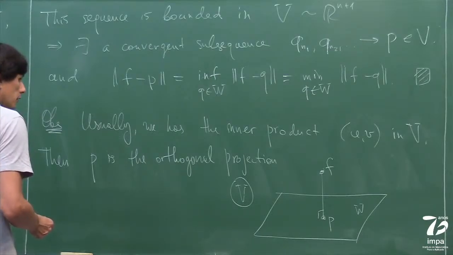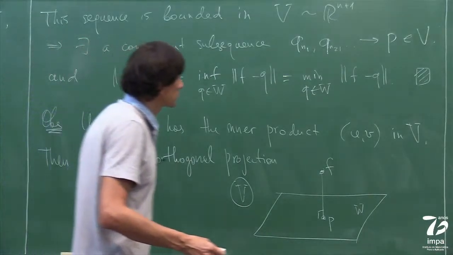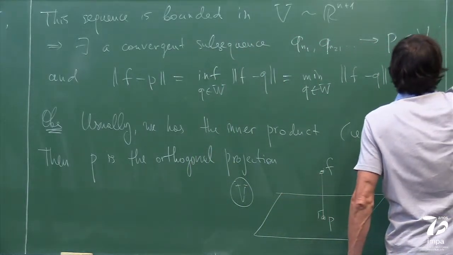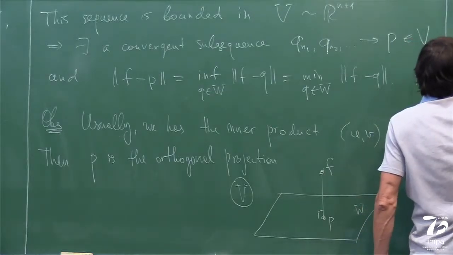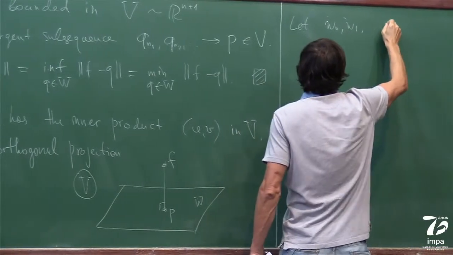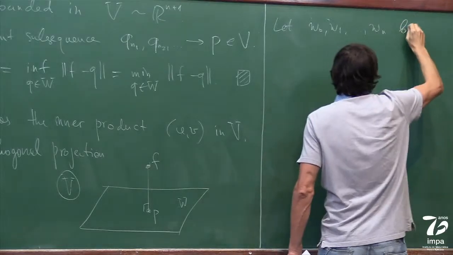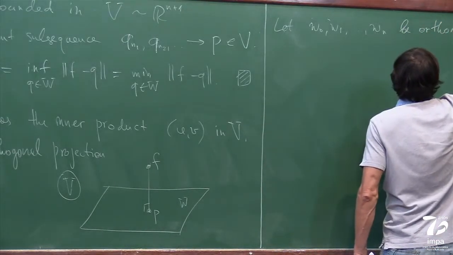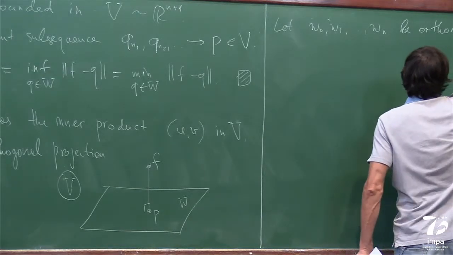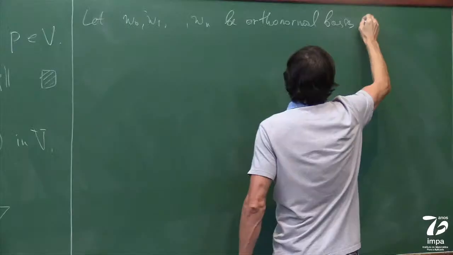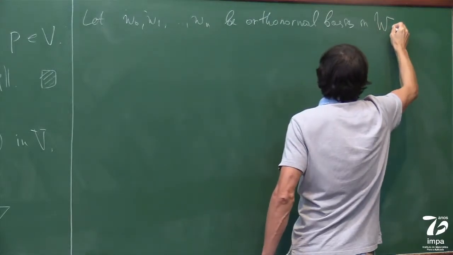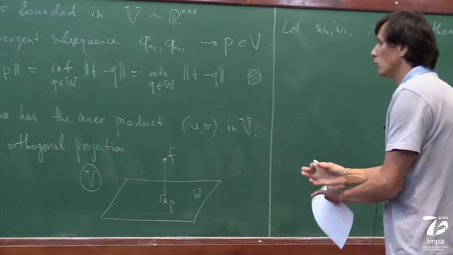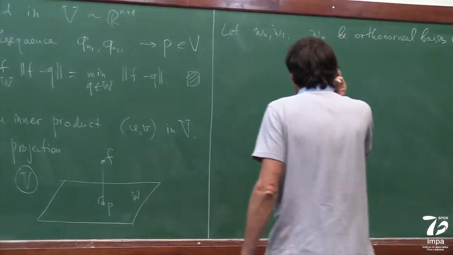So explicitly, this construction works like this. In this case, let W0, W1, and so on be an orthonormal basis in W. What it means is that with the inner product, all vectors are orthogonal.